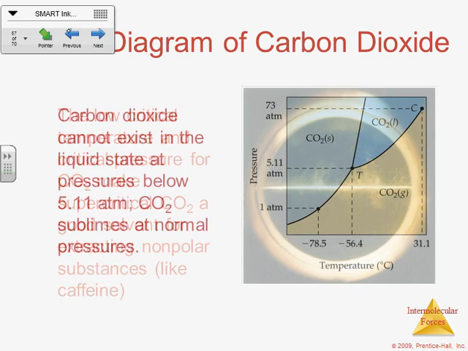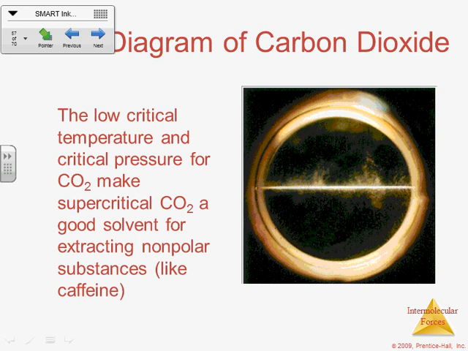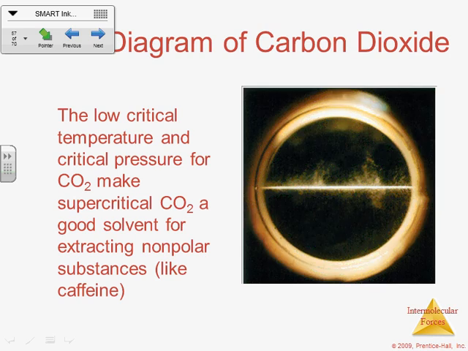Also notice here that CO2 has a fairly low critical temperature and pressure relative to other things. 73 atmospheres is still a lot of pressure, but especially the 31.1 degrees Celsius, that's a pretty low temperature, and that's its critical temperature. So CO2 is actually an ideal supercritical fluid, and the reason this is useful is because it makes a good non-polar solvent.